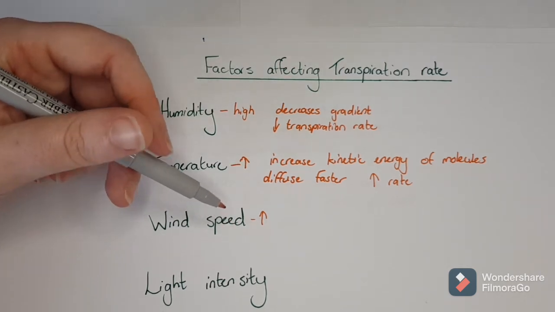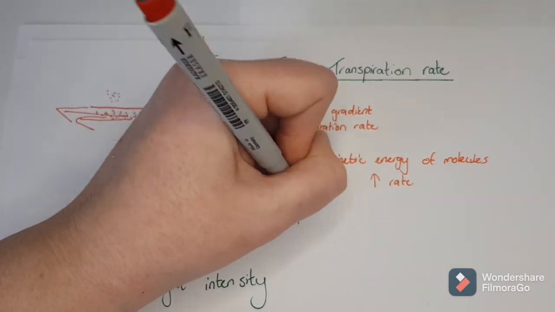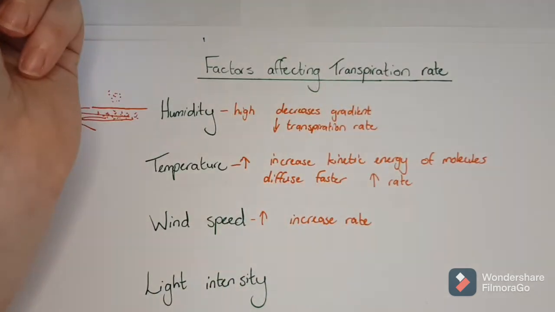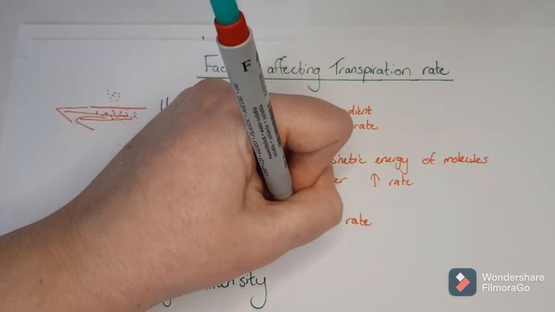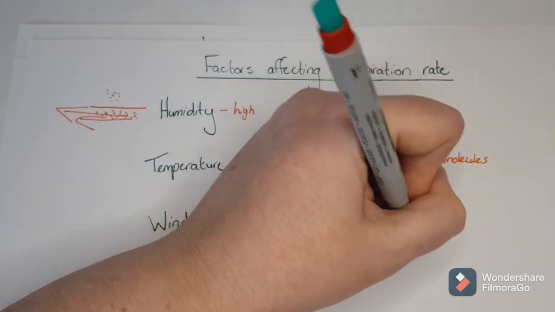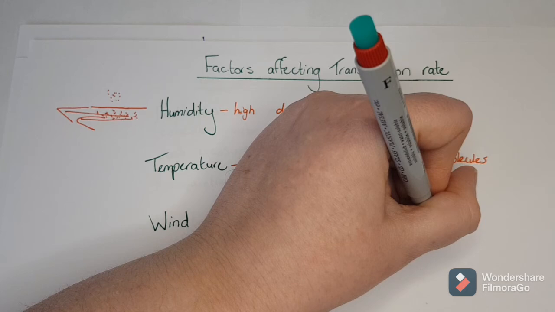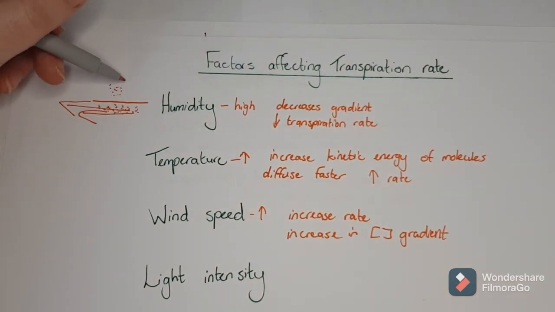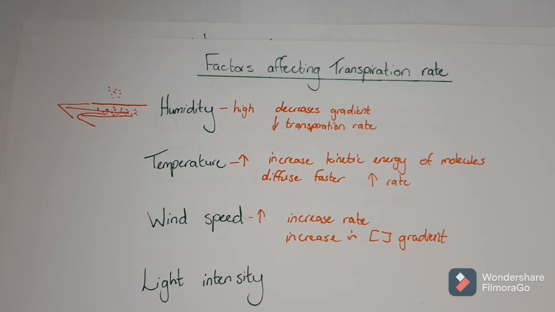So an increase in wind speed would increase the transpiration rate because I'm increasing the gradient. Because I keep moving it away. So I keep having a high amount inside and a low amount outside.